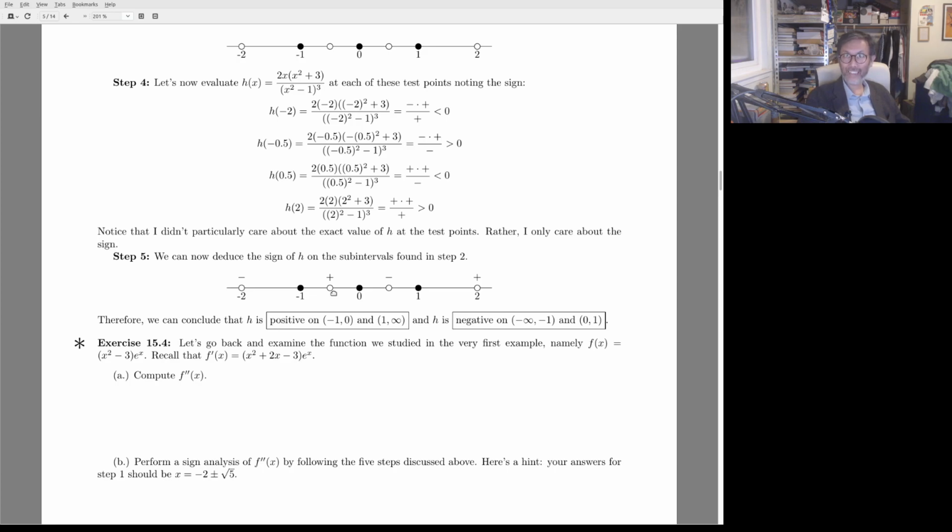Okay, that's sign analysis. And I said I wasn't going to do sign analysis because I claimed that I did sign analysis yesterday. But I think going into it with a little bit more detail here today is helpful.